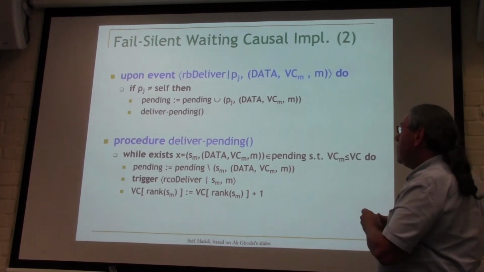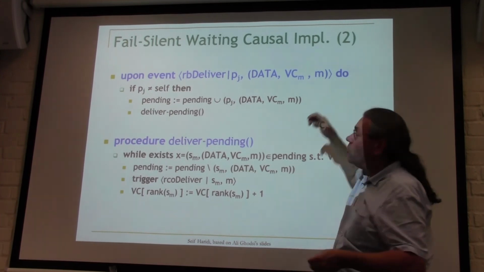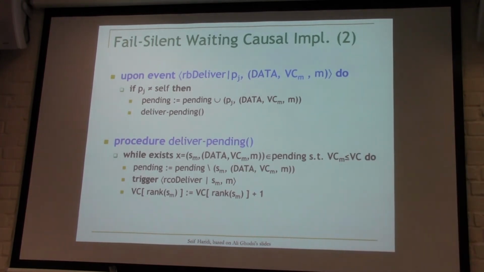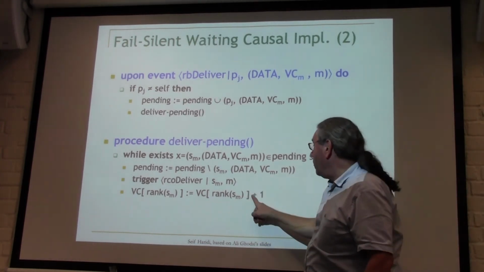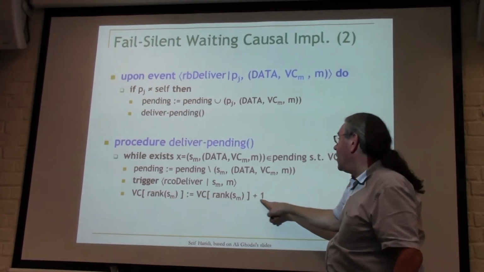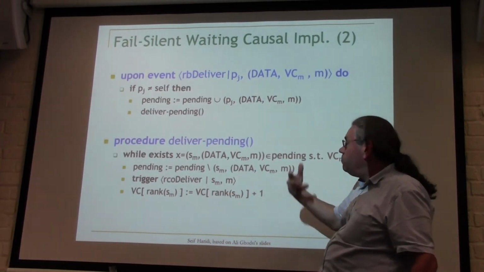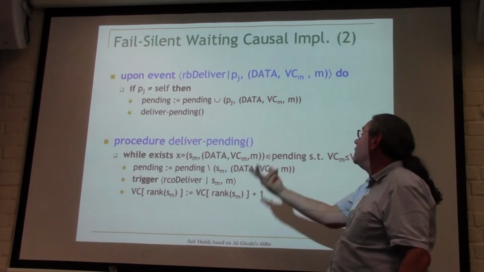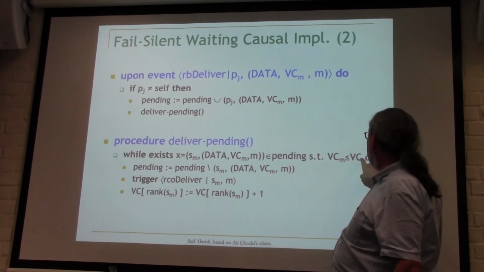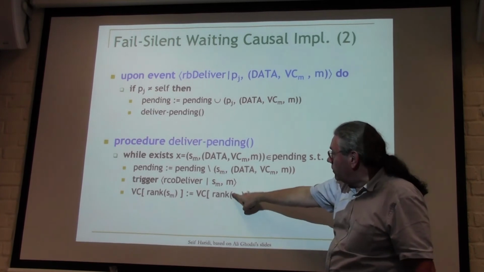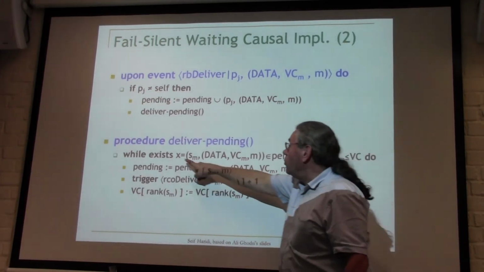Whenever I RCO deliver, I update my local vector clock, and that might make more messages able to be delivered. So the VC will be growing as long as I'm delivering. So this is like a for loop.